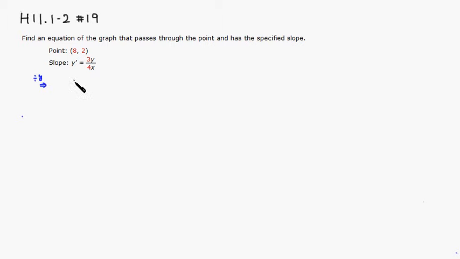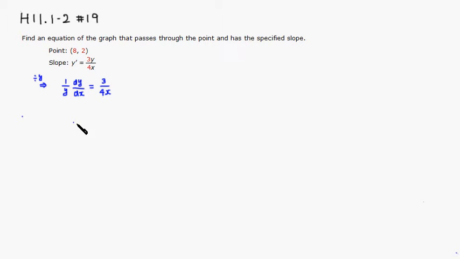That way we get 1 over y. I'm going to write y prime as dy over dx, and it is equal to 3 over 4x.